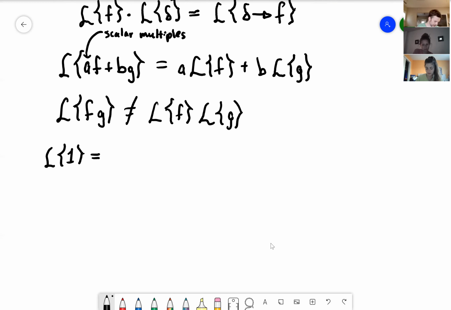The reason I'm waiting is because I don't have it written down in my notes. I'm losing confidence in my ability to get it correct. I believe it's 1 over s. Yeah. Oh, okay. There we go. Saved by chat.